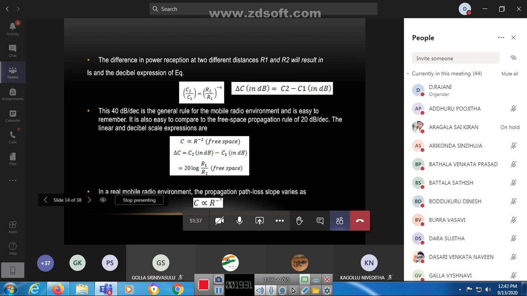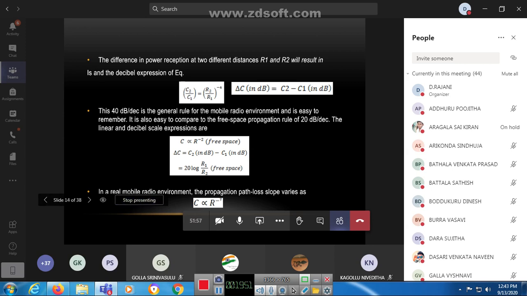The change delta C is equal to C2 minus C1, that is in decibels. We can write it in the form of 20 log R1 by R2 for free space.